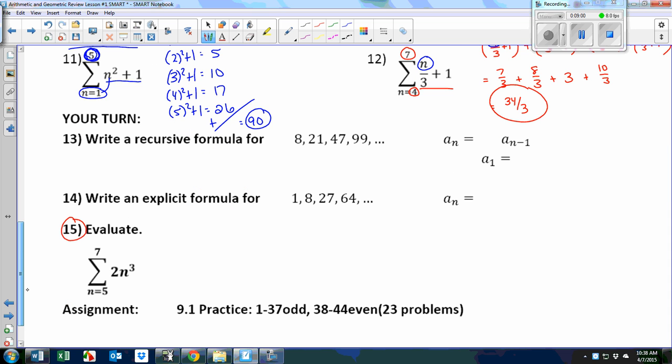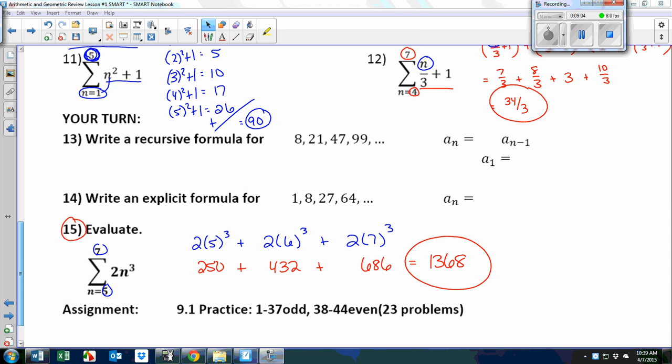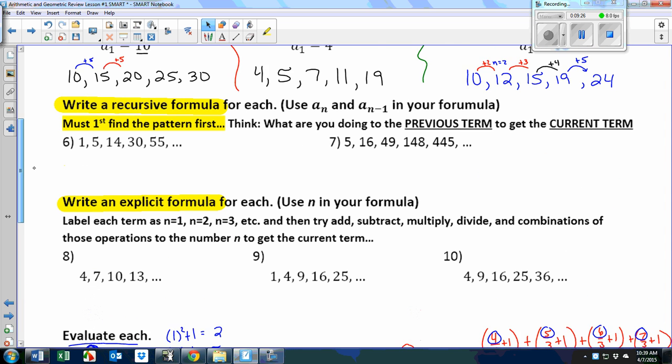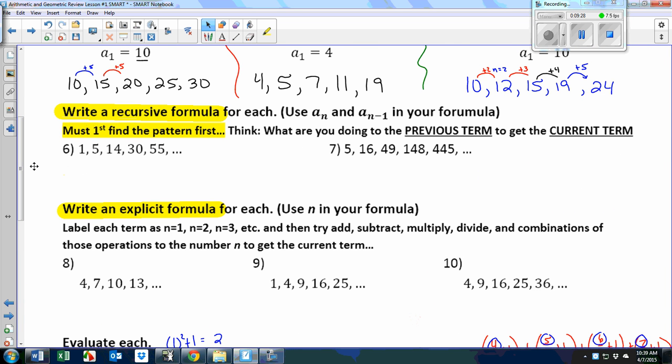But try number 12, pause the video, and check. As you see, my work is on the 15's on the board here, and those numbers are 250, 432, and 686. The video is getting long, so I'll go ahead and stop here, and then I'll finish with a separate video on how to do the writing of the formula.